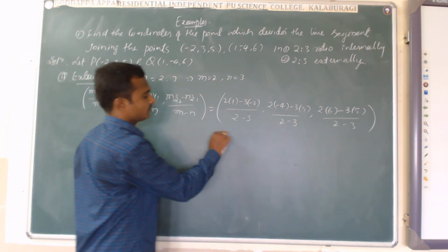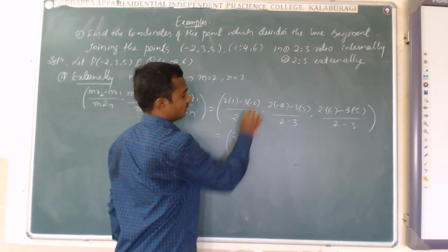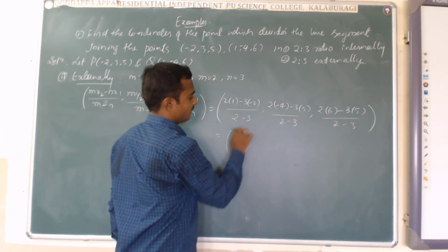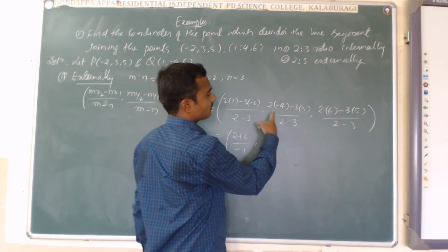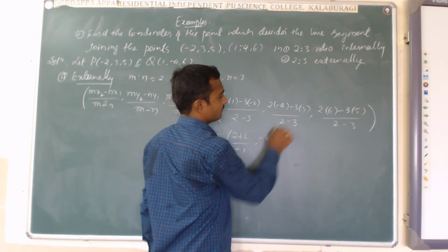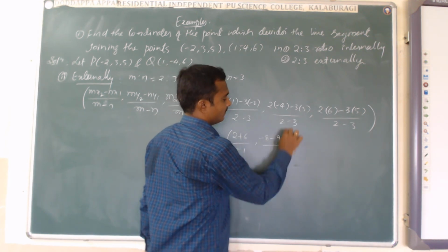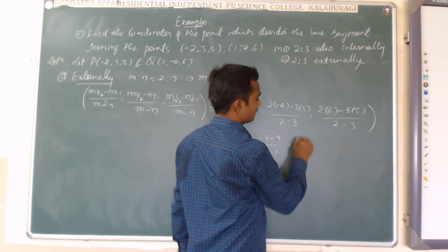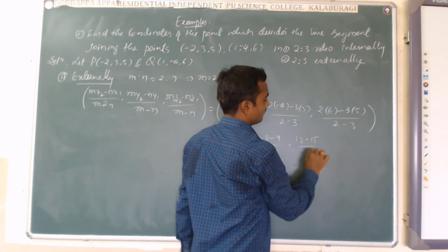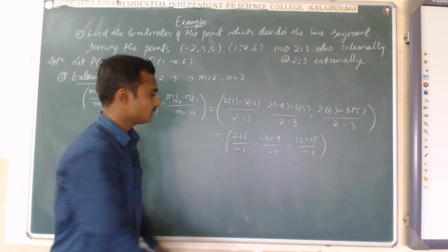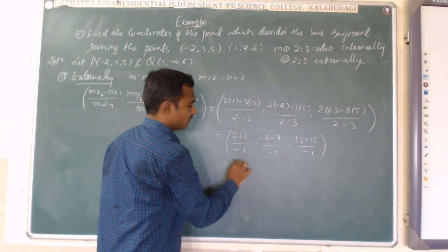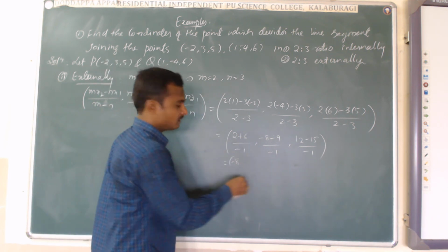So solve this. 2 into 1 is 2, that is 2 plus 6 by minus 1. Next, 2 into minus 4 is minus 8, minus 8 minus 9 by minus 1. And here 2 sixes are 12, 12 minus 15 by minus 1. Solve this. So 2 plus 6 is 8, by minus 1 is minus 8.